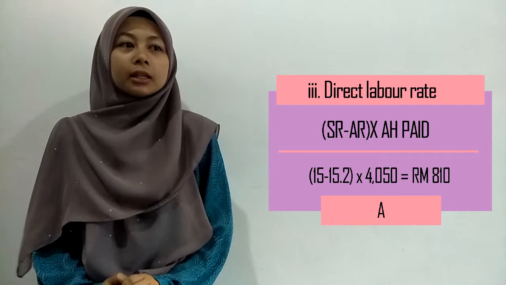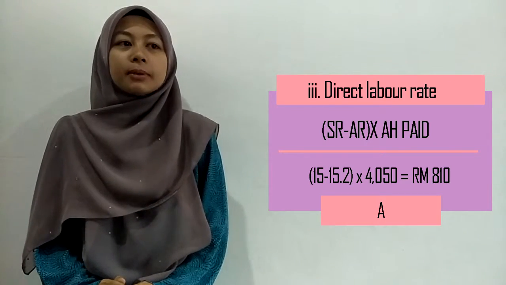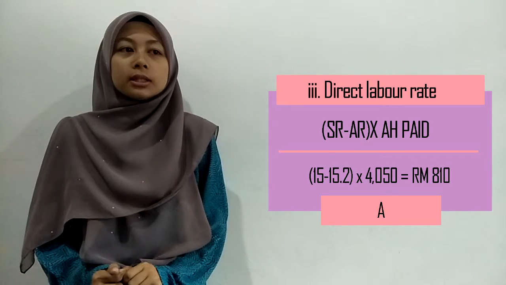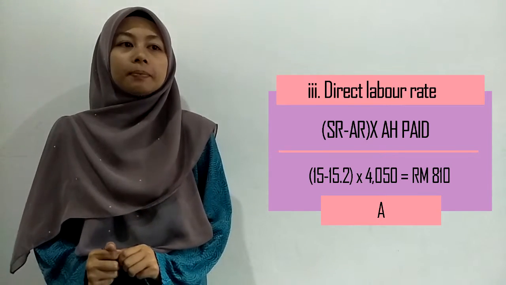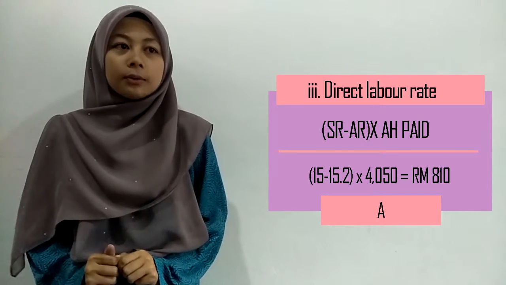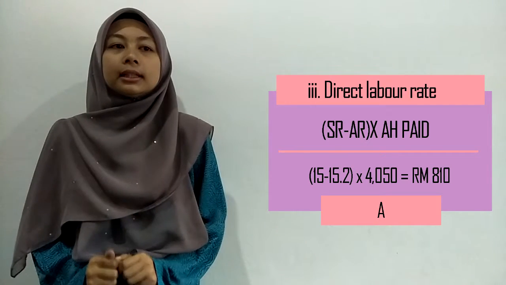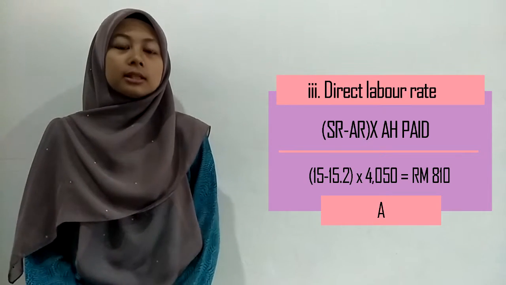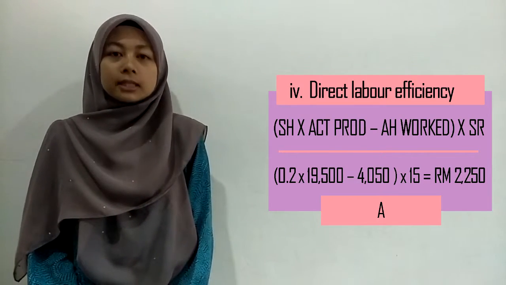Next, we need to calculate direct labor rate. The formula is standard rate minus actual rate, and we times by actual hour. Our standard rate is 15 ringgit minus 15 ringgit and 20 cent, which is our actual rate, and we times by 4,050. So we get 880, which is a negative figure, so it is adverse. So next, our direct labor efficiency.